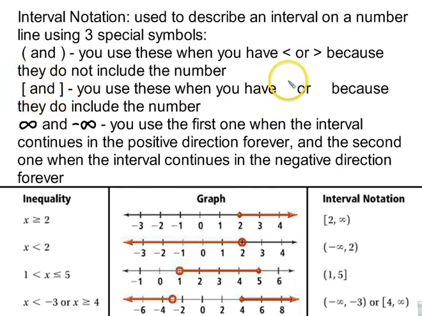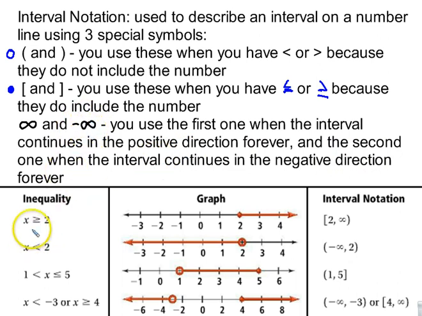We use them when we have less than or equal to, greater than or equal to. Okay, so the bracket is like a closed circle. The parentheses is like an open circle. All right, and then we have positive and negative infinity. If we have the value going in the positive direction forever, we use positive infinity. And if it's going in the negative direction forever, we show negative infinity.